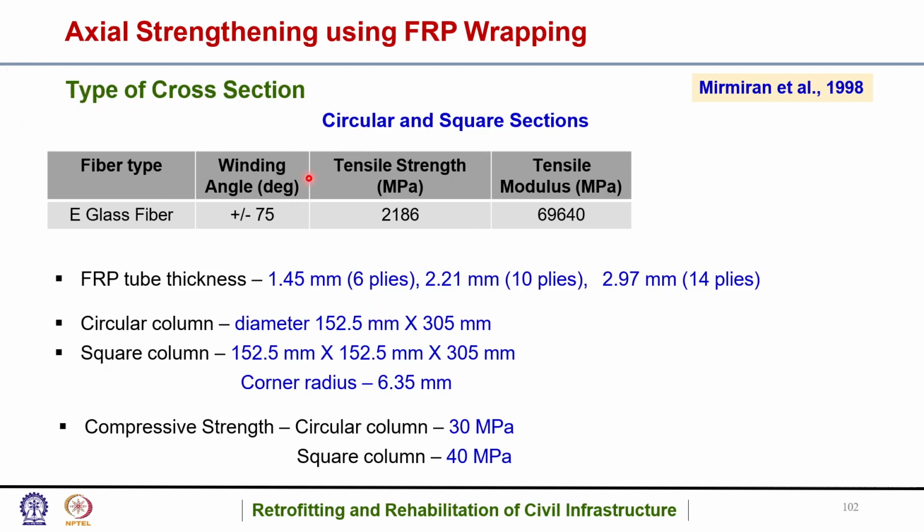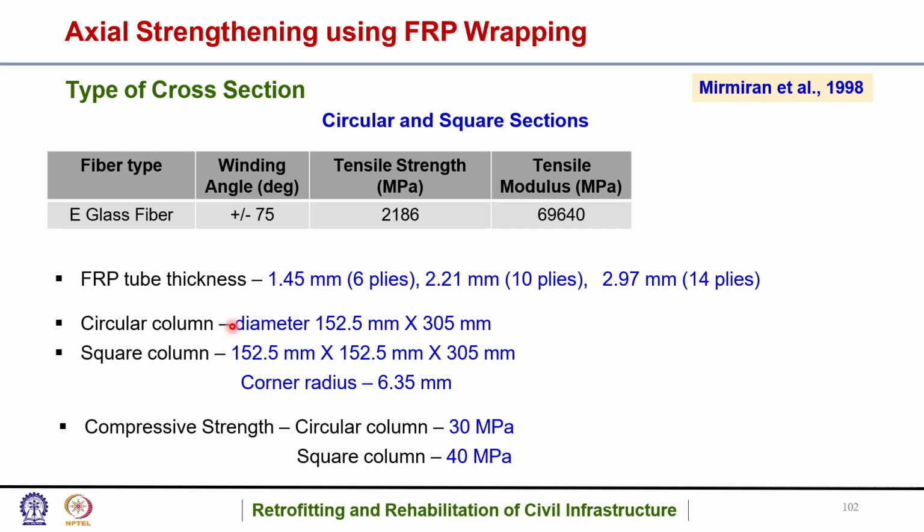This information has been taken from a study by Mirmiran in 1998. They took both circular and square sections. These were the specifications of the fiber. The fiber tube thickness used was 1.4 mm, that is 6 plies, 2.21 mm with 10 plies, and 2.97 mm which had 14 plies.